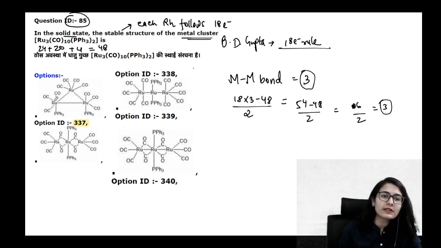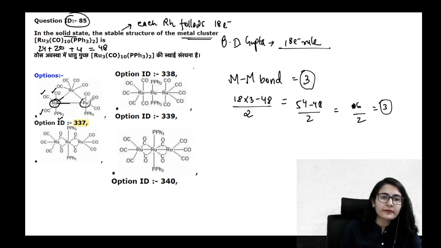But anyway, we will see that one ruthenium has 8 electrons and each metal-metal bond gives it 1 electron. So ruthenium has 8 electrons, carbonyl has 2 electrons, phosphine has 2 electrons. So how many per ruthenium? Let's check. 8 plus 2 is 10, plus 2 is 12, plus 2 is 14, plus 2 is 16, and 17 and 18.